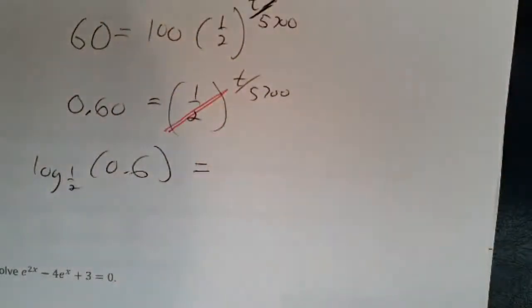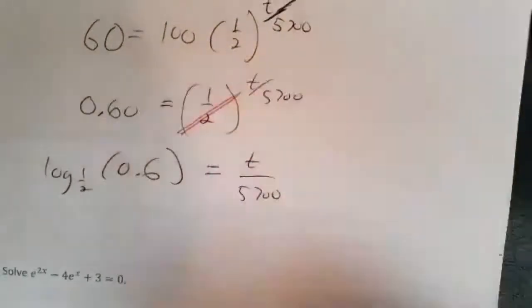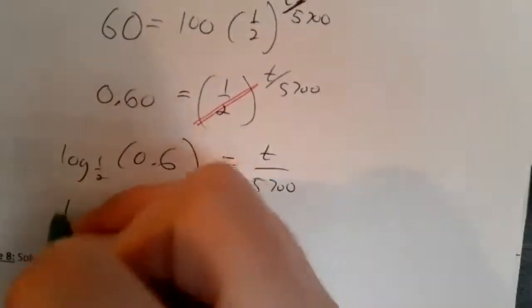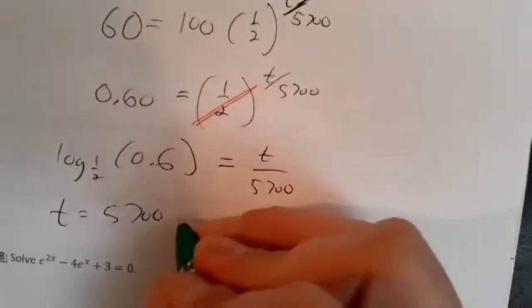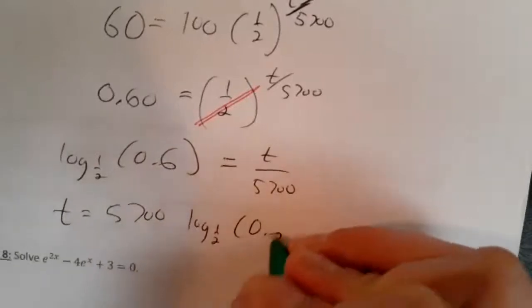That's the reason why I'm taking it. So this side should be T over 5,700. And now I'm just solving for my T. My T is being divided by 5,700, so in order to get that on the other side, I want to multiply by 5,700. And I'm doing 5,700 times log base a half of 0.6.